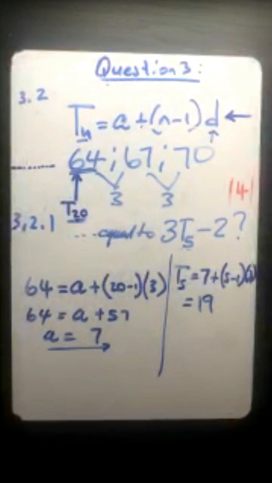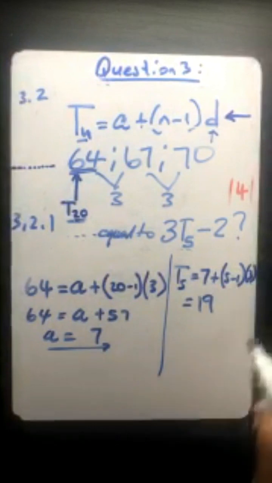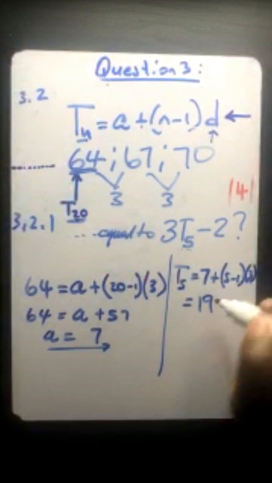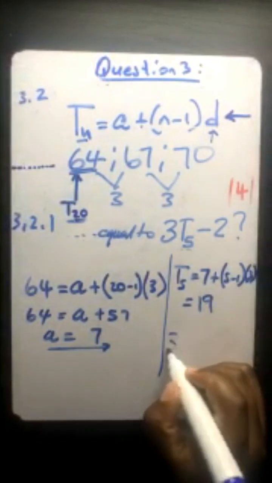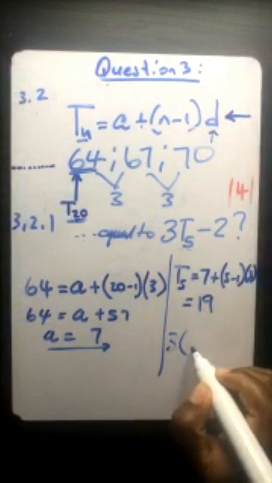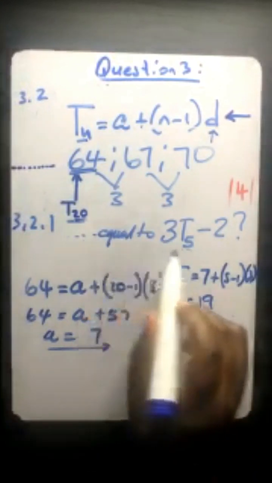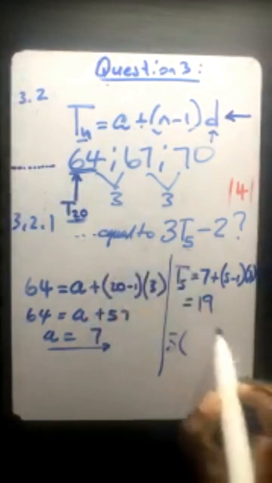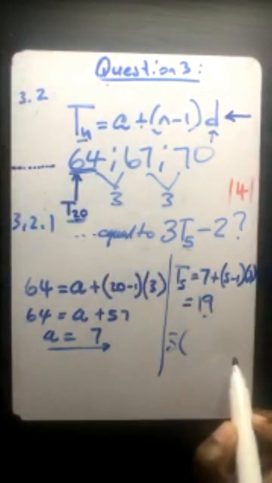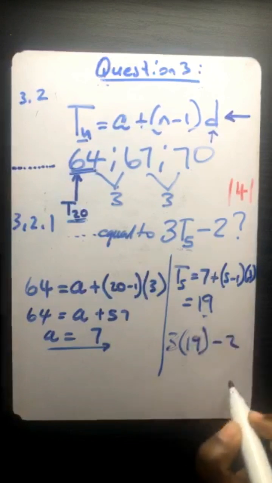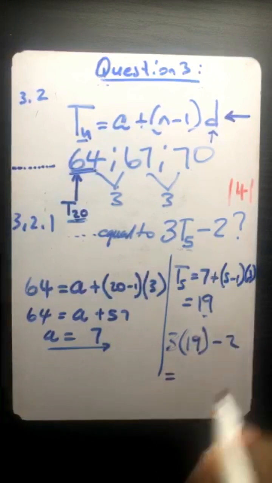Then let's see. So that means we were therefore going to say 3 times term number 5 minus 2 equals that. Term number 5, does it mean term number 5 is 19? If it's 19, then we substitute it in there, then we minus 2. Then what is that? 55.